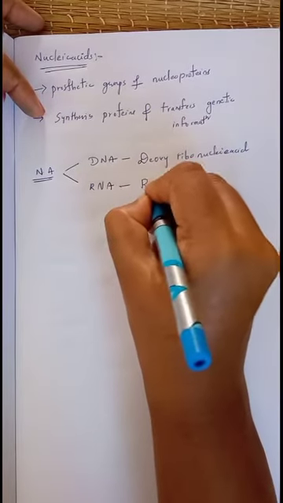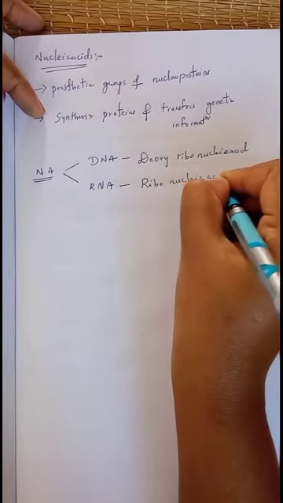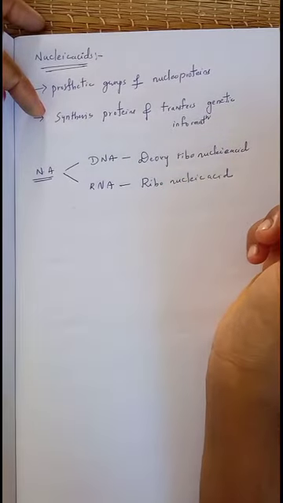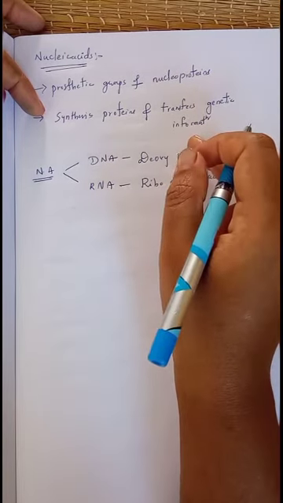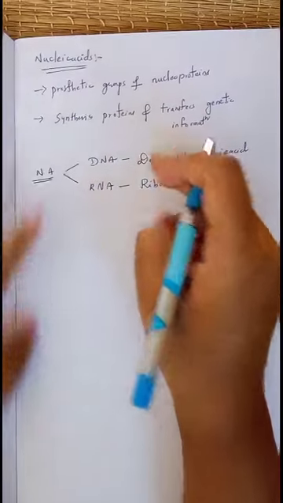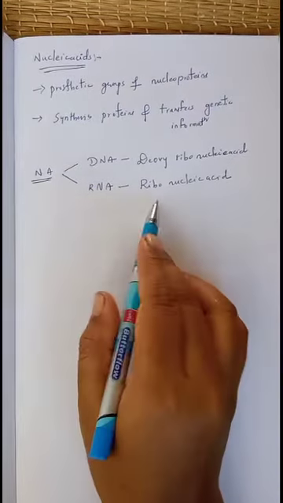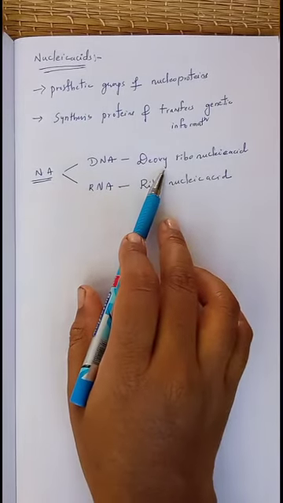RNA is called ribonucleic acid. RNA contains ribose as the sugar unit, and DNA contains deoxyribose as the sugar unit. That is the only difference between these two.